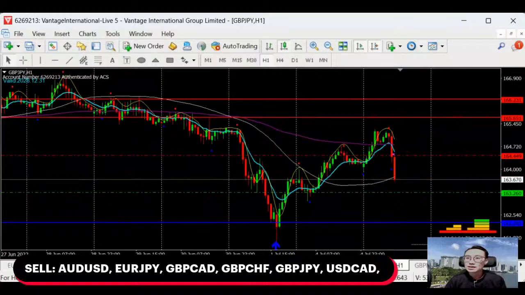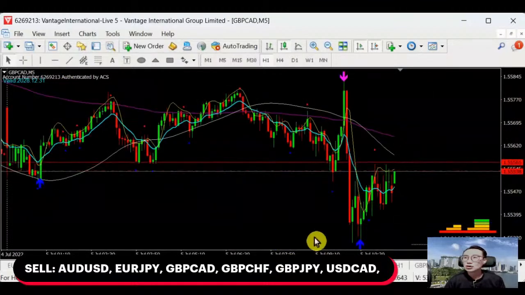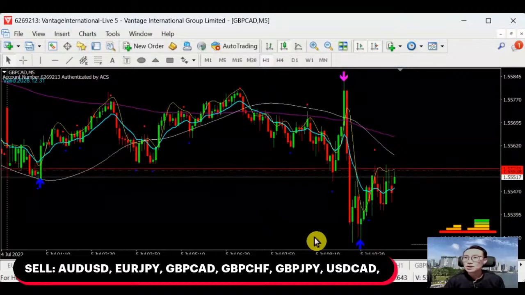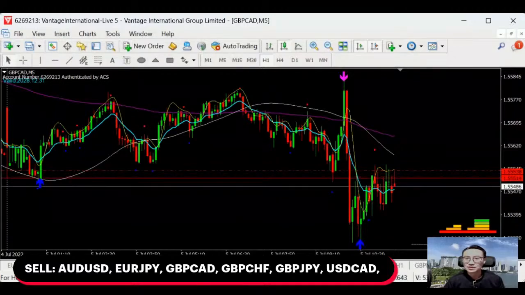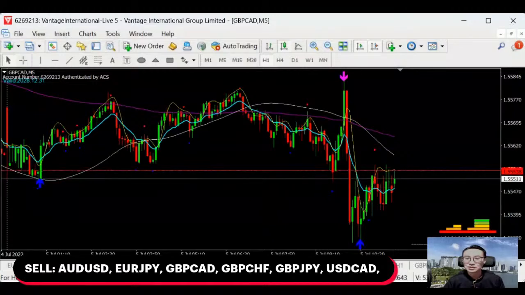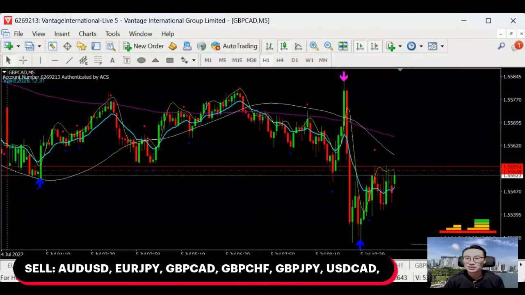Let's take a look at Poundcat. I guess Poundcat is still testing on the resistance over here. Earlier on, someone was talking about this, right? Manwai TP, congratulations. Vaishali TP 37 pips, great, congratulations.